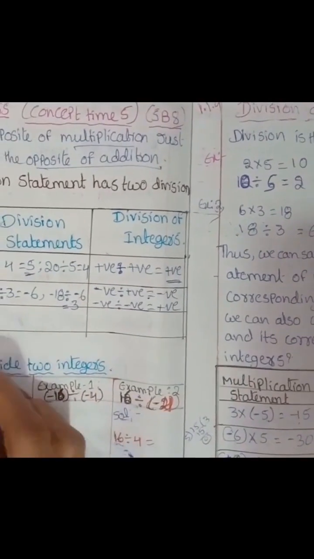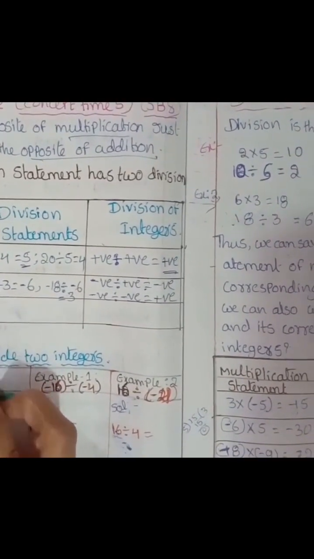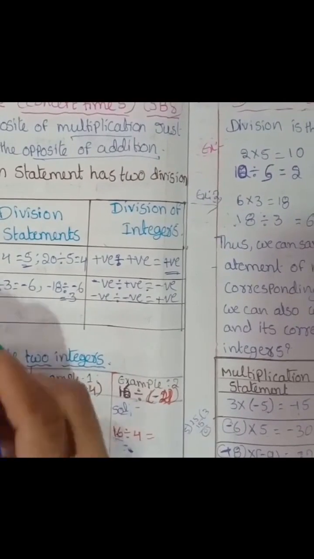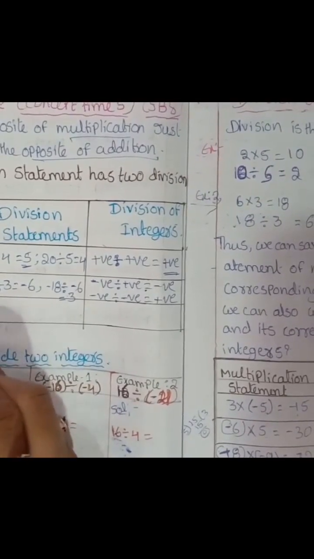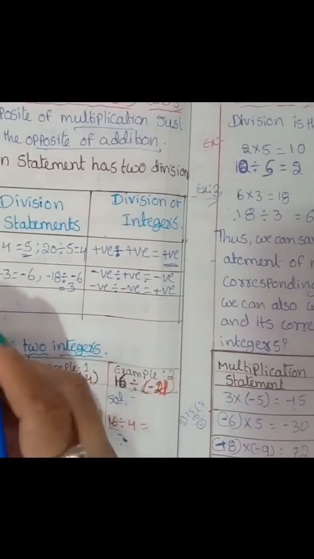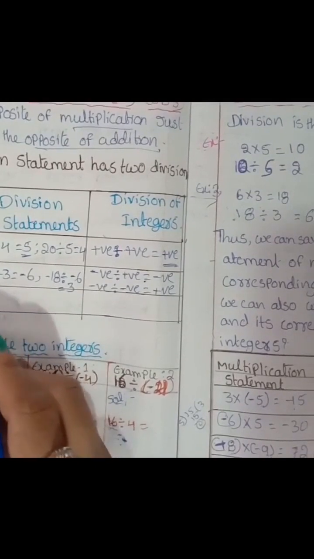Next statement is minus into minus. Both are minus; minus into minus is plus. So 2 into 100 is 200, so there are two statements for 200. 200 divided by 2 equals minus 2? No: 200 divided by minus 2 is minus 100. Next, 200 divided by minus 100 equals minus 2 only. These are the two statements.